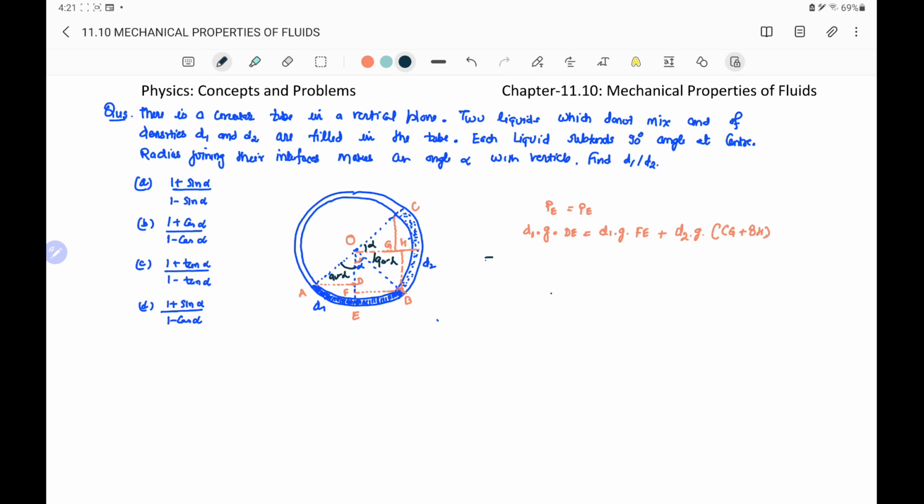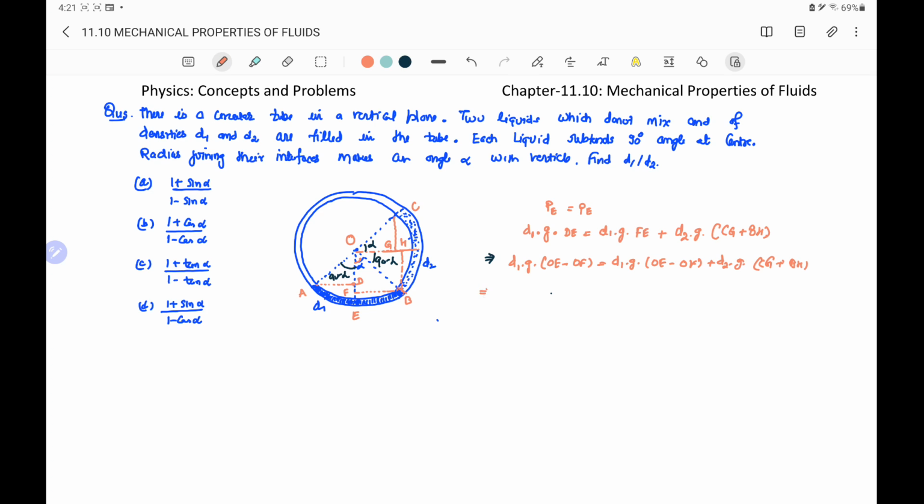So it is easy to write now that d1 into g into DE, and DE will be R. R is OE, or we can further explain it: it is OE minus OD equal to d1 into g into FE, which can be written as OE minus OF, plus d2 into g into CG plus BH.